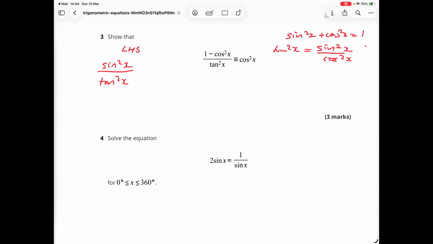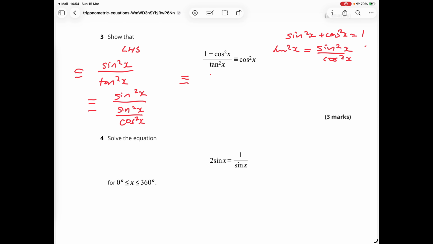So we're now going to divide sine squared x by sine squared x over cos squared x. That looks complicated, it's not particularly. This is equals, that's equals, but like super equals.